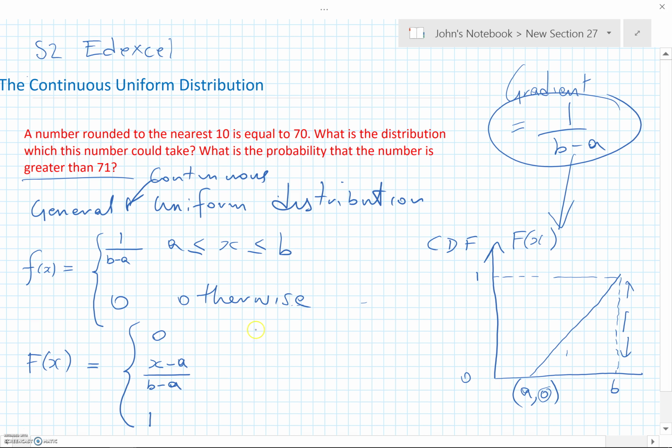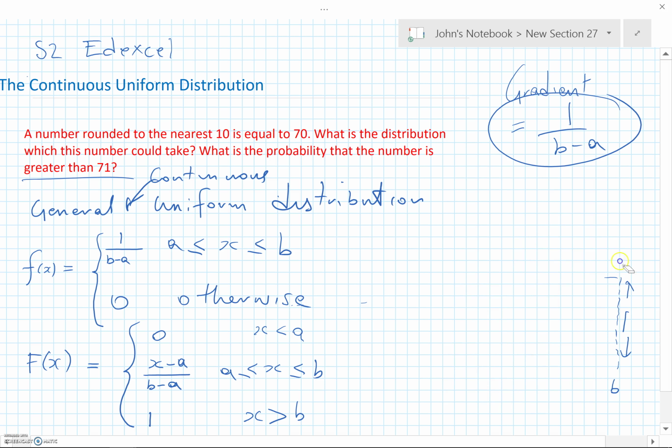It's 0 if x is less than a, that if x is between a and b, and 1 if x is greater than b. So there we go, that's the CDF for it. There is a proof using integration rather than the graph, but I quite like the graph method we've just done.